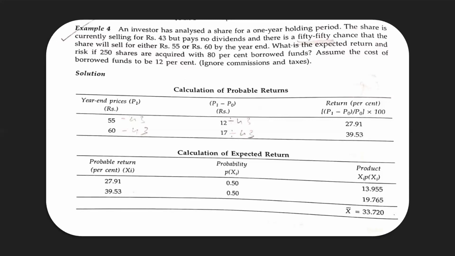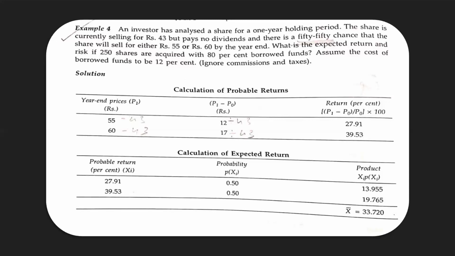Now we can calculate the expected return. Expected return is nothing but the total of the probable returns multiplied by the probability. So the probable return is 27.91, 39.53. Probability, they said in the question that there's a 50-50 chance that the share will sell for either 55 or 60. So we can calculate the probability as 0.50, 0.50. That is the 50-50 chance, equal chance.